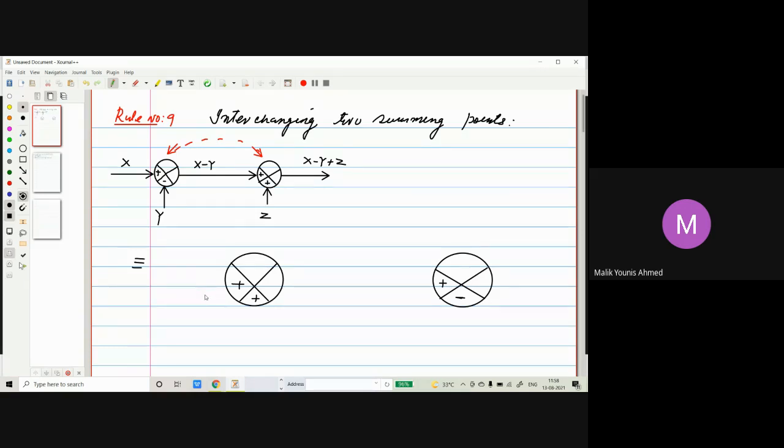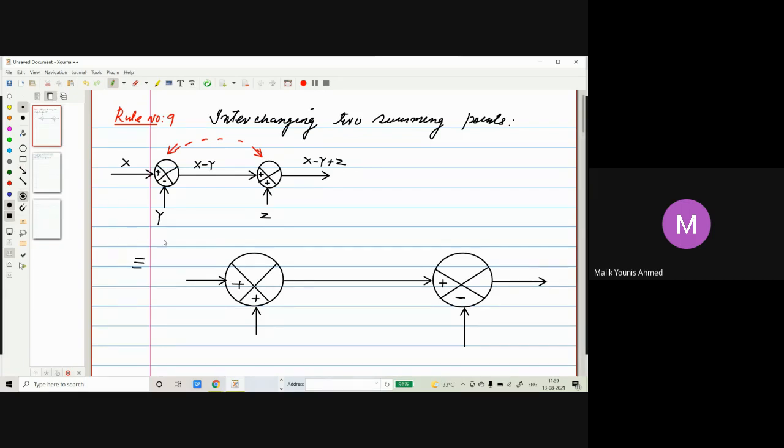So let me put the signals. This is the first, this is here. This is going to output here. And this is here. These are all the signals we have. Now in the second, what do we have?